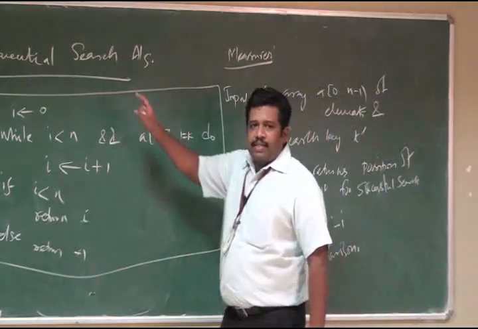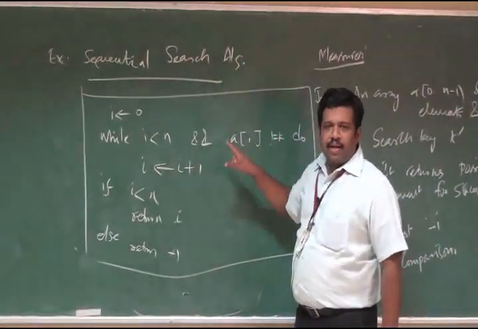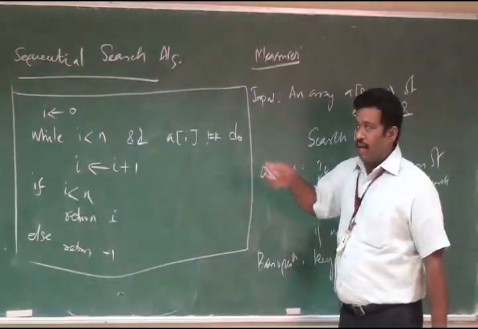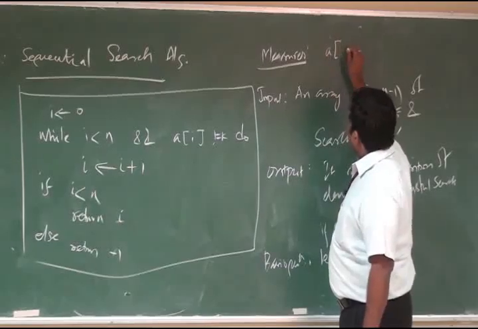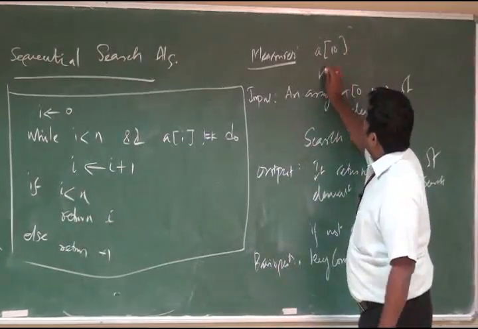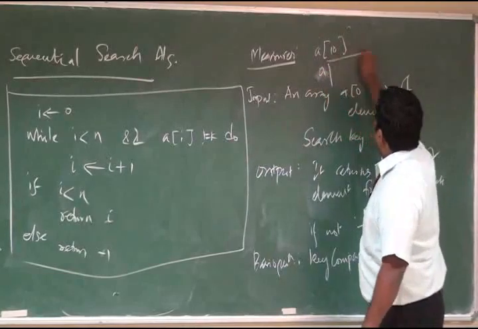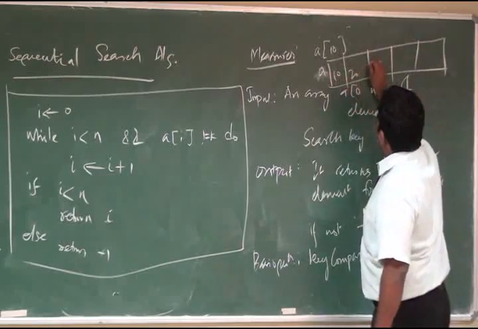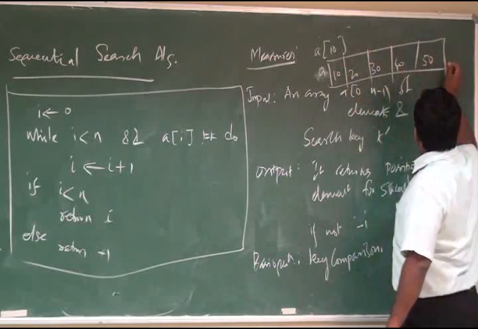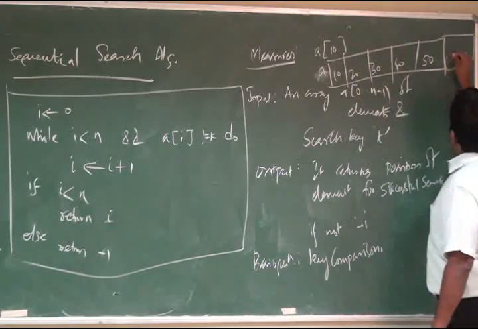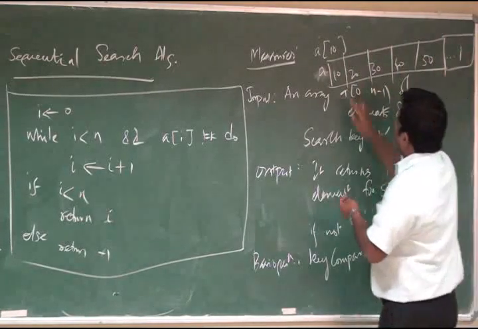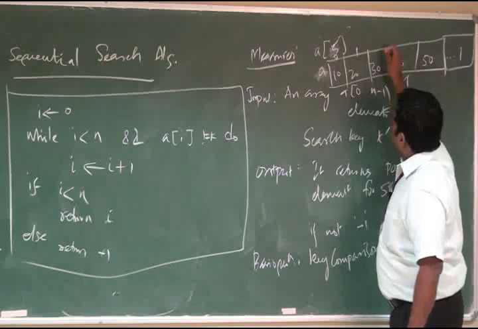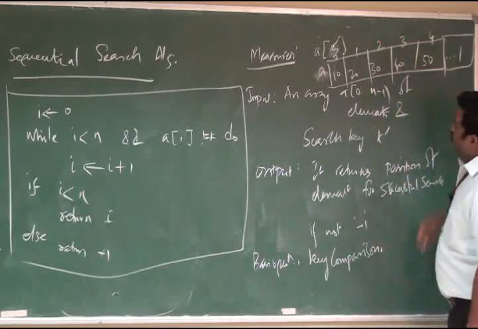Let us consider the sequential search algorithm. This algorithm works by comparing a search key with the elements stored in an array. Assume you have an array of 5 elements, with index positions 0, 1, 2, 3, 4.